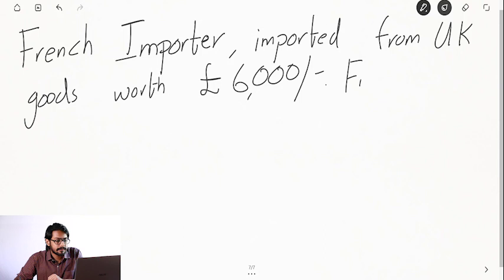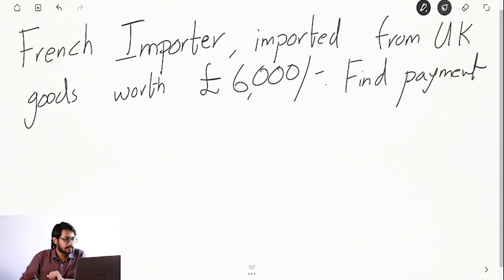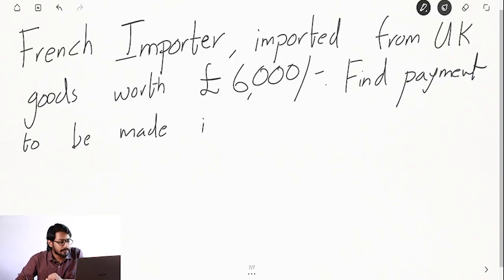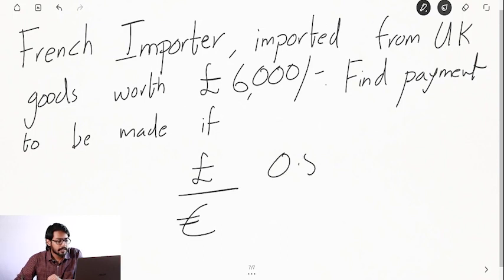Find the payment to be made if the exchange rate, pound by euro, is 0.8, 0.9.